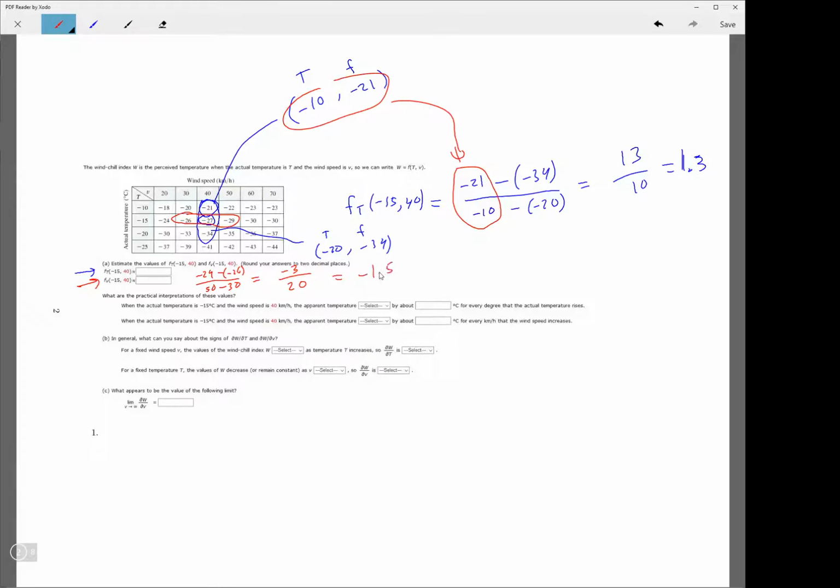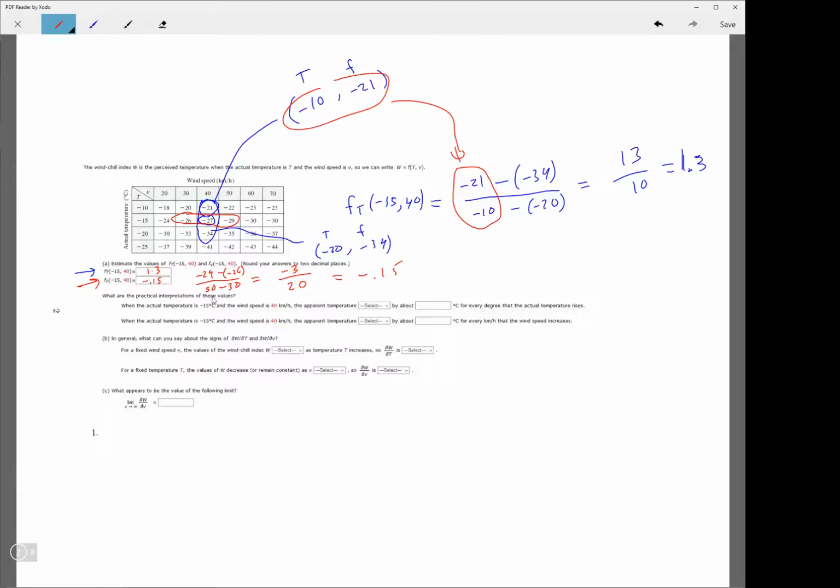Negative 1.5? Wait, no, that can't be. Negative 0.15? I don't know, negative 0.15? Yeah, so this is 1.3 and this is negative 0.15.